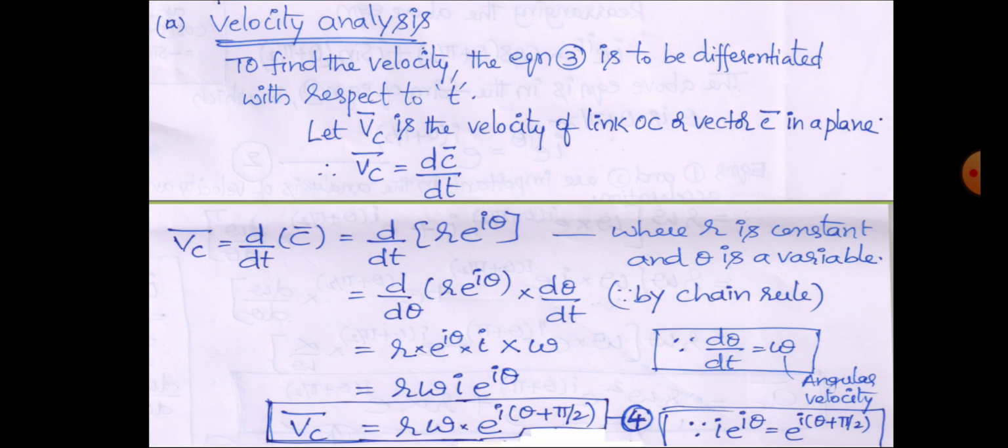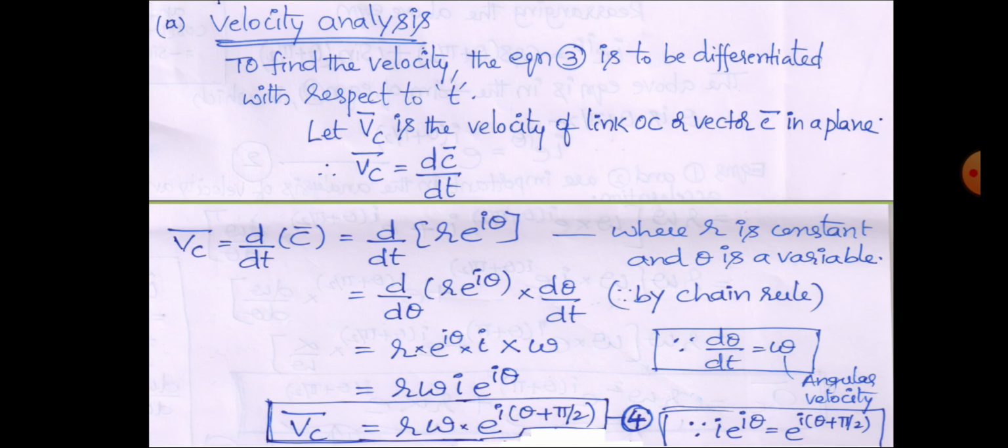Now if I observe equation 4, what is this Vc bar? It is the velocity, equal to r omega. So r omega represents the magnitude of the velocity vector, and its position is theta plus pi by 2.